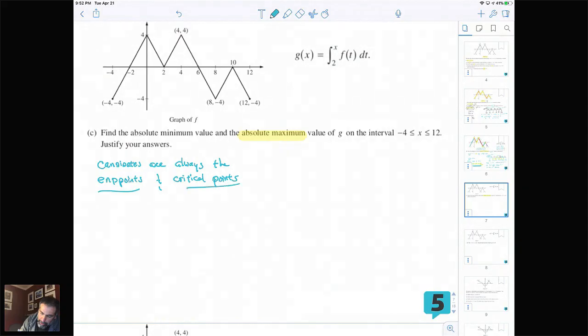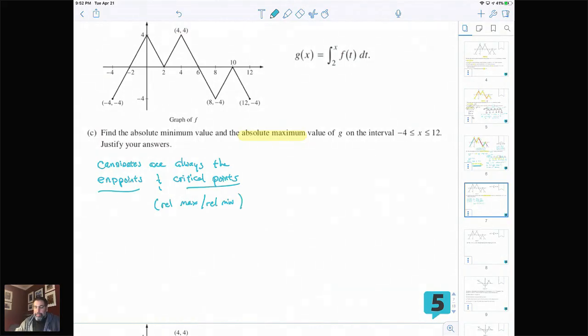Okay, these are always the candidates. And when I say critical points here, I should be clear on this, I really should say the relative max and the relative mins. If they're neithers, you don't really need to worry about them. It's the relative max and the relative mins.